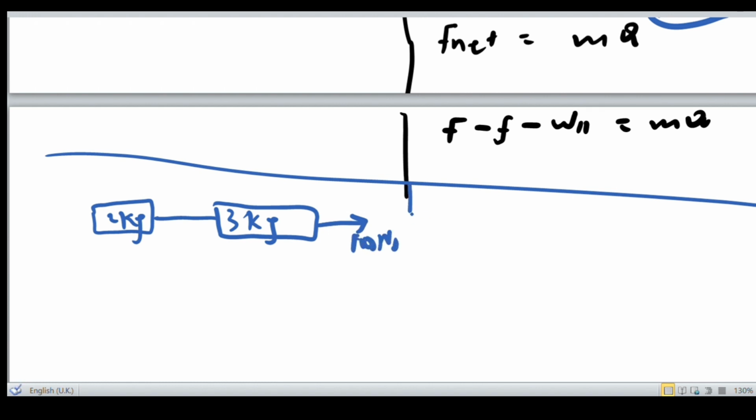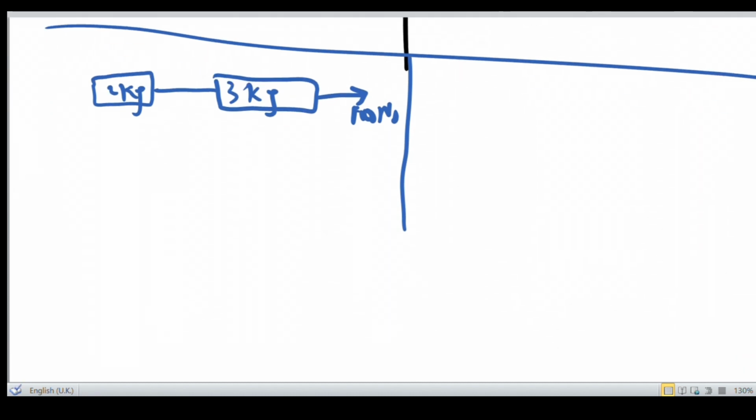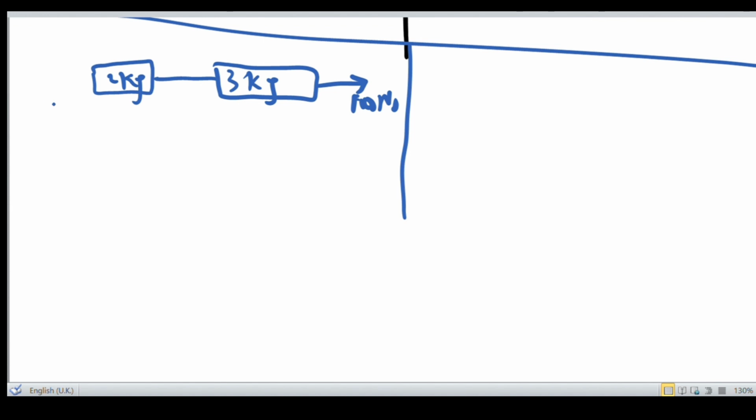Okay, now we have to draw a free body diagram in this case. So there is a surface and the surface is rough and the object is in contact with this surface. What we are going to do, we will start with this one. Let's name this one as A, this one as B. We are going to draw a free body diagram for A.